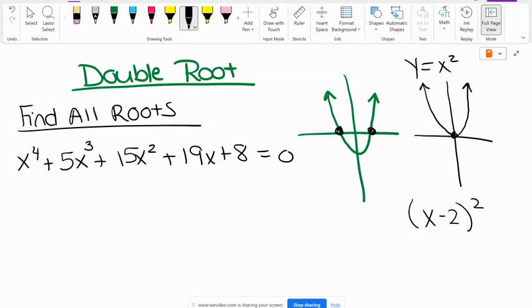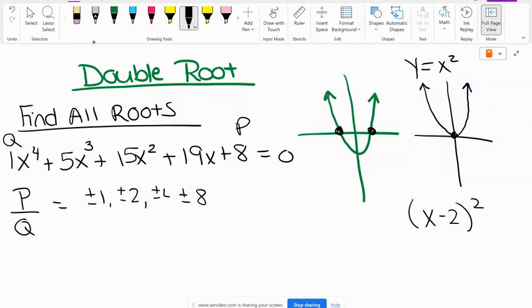Before I find all the roots, where do you think I'm going to start off with? Where should we start? Leah? P over Q. We want the possible rational roots. So we're going to find P over Q. Factors of the constant, here's our P, over factors of our leading coefficient, where here is 1, that's Q. So we're going to do plus minus 1, plus minus 8, plus minus 2, plus minus 4.